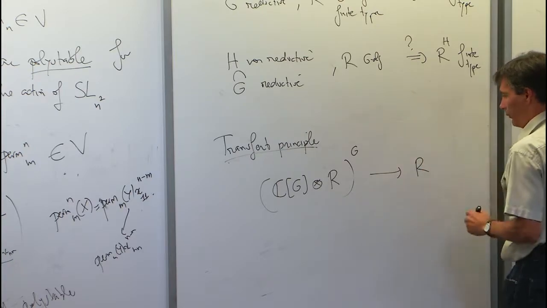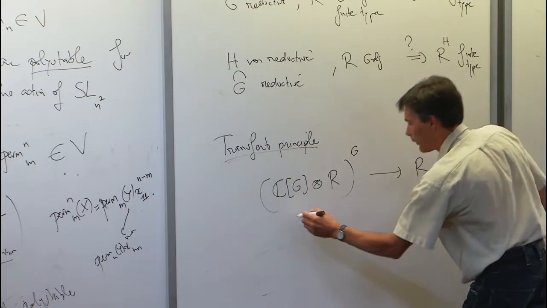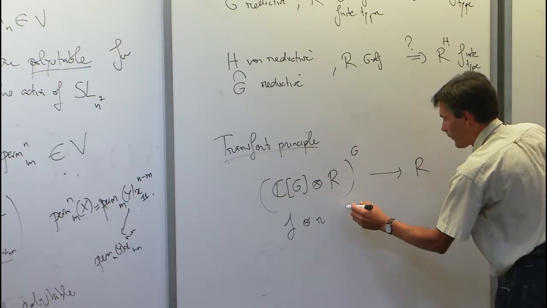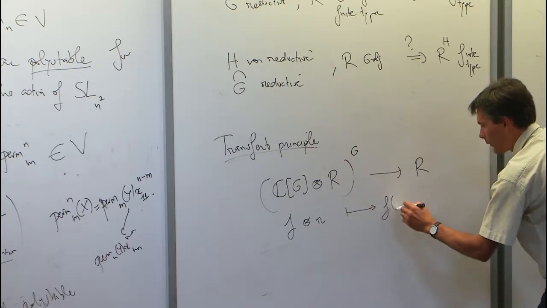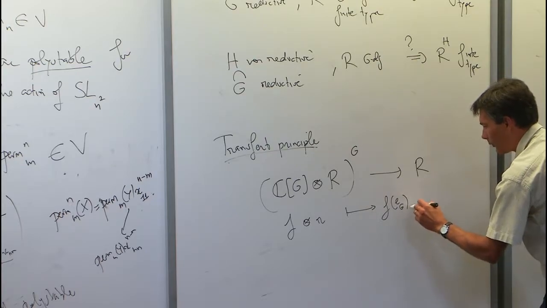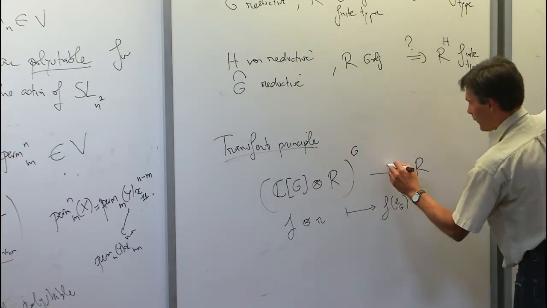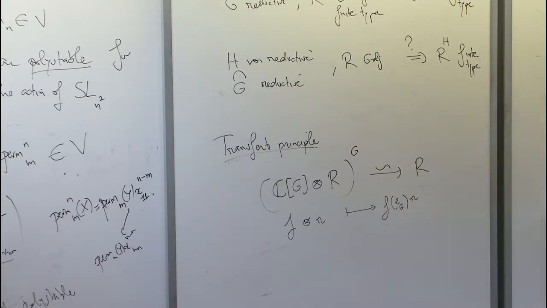The natural map takes an element, a function, and evaluates it on the unit element of G. The statement is that this is an isomorphism.